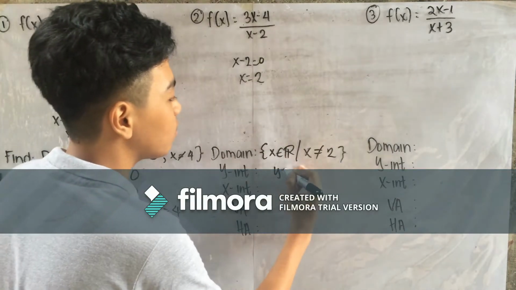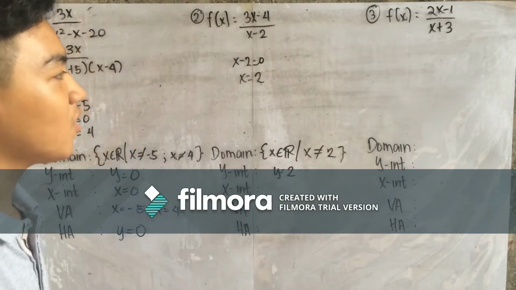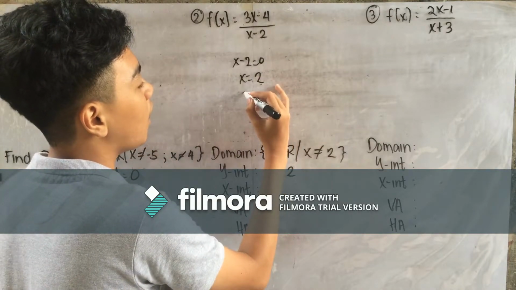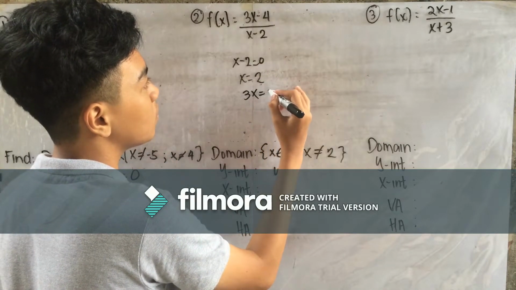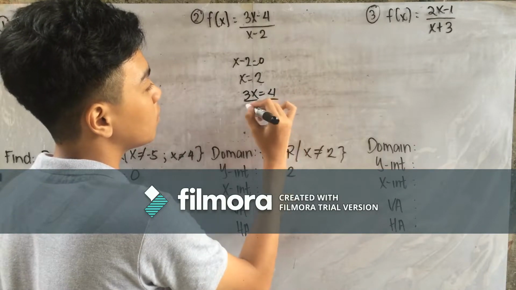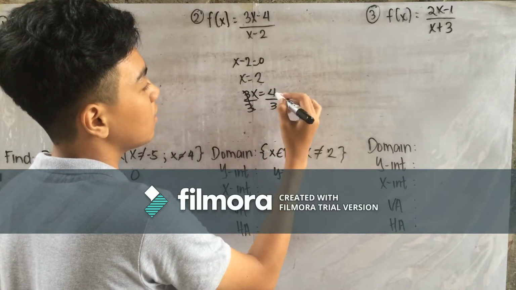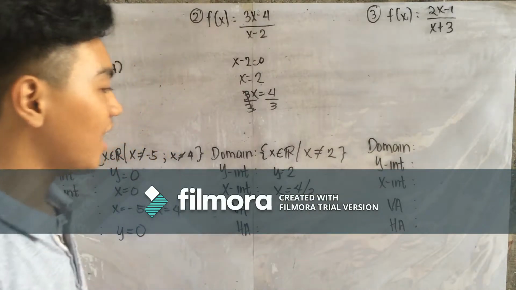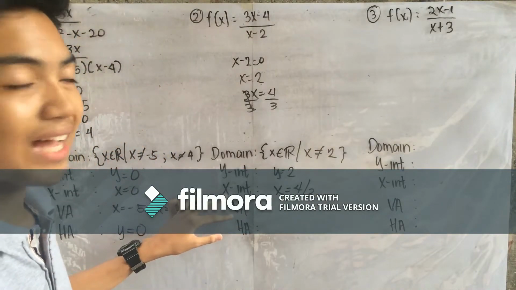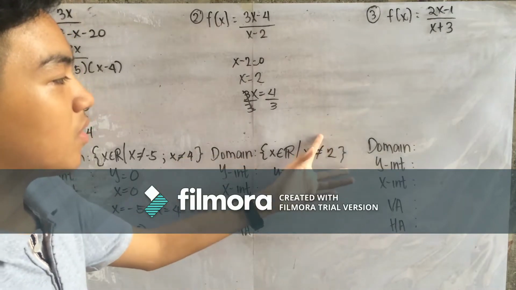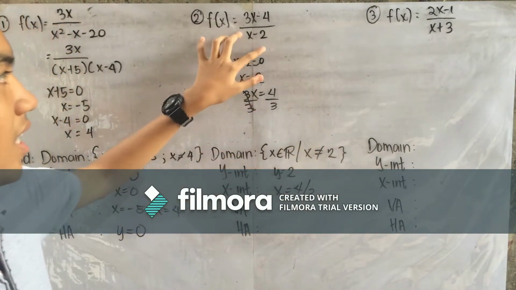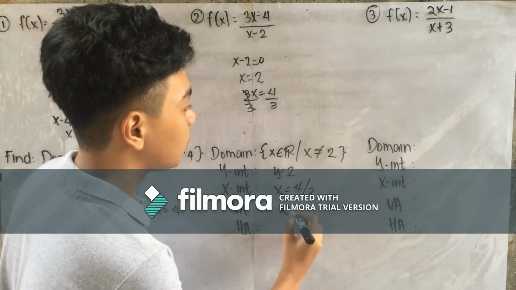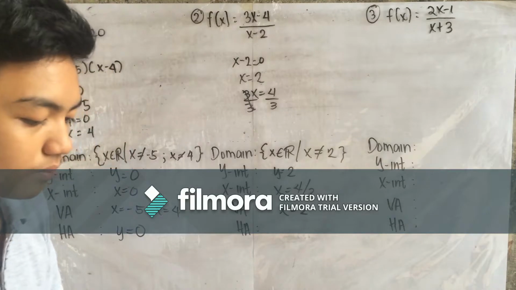So, y equals to 2. Then, x-intercept equates to 0 yung numerator. So, 3x is equals to 4. So, x is equals to 4 over 3. Then, vertical asymptote, sabi nga kanina, almost pares lang siya. I-equate yung denominator sa 0. So, ang vertical asymptote is 2.